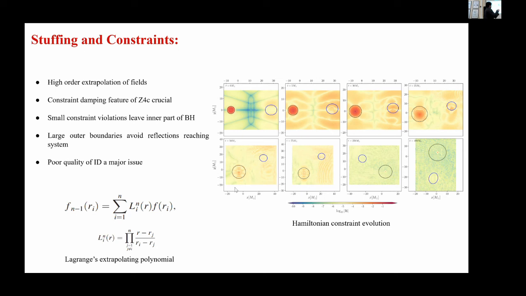As the system evolves, we find that the Z4C scheme decreases the constraint violation over the evolution. Also, you may note that the black hole size changes, but this is more of a gauge effect.